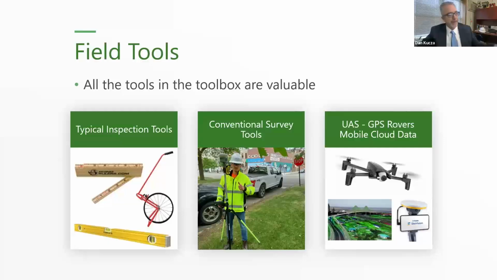So this slide, I'm just trying to talk about the tools that we're seeing. On the left, you really can't get away from using a 6-foot rule in the field. You can't get away from using a level, and a wheel is a really helpful thing for an inspector, but those are sort of historical tools.